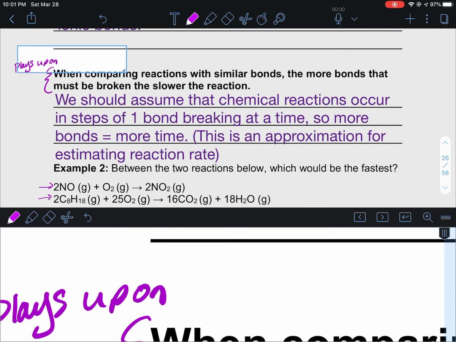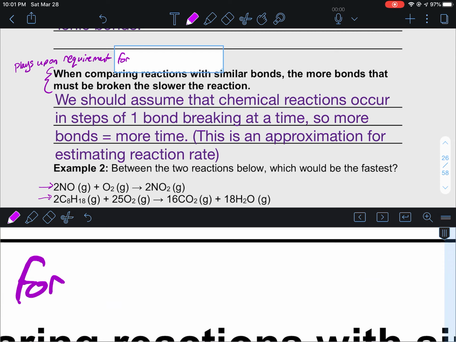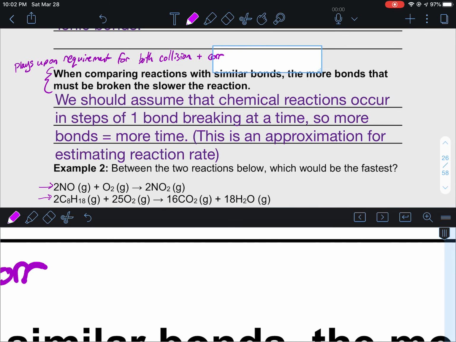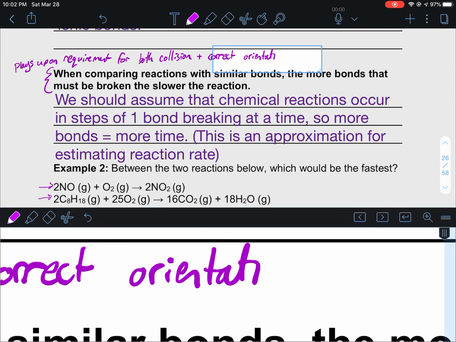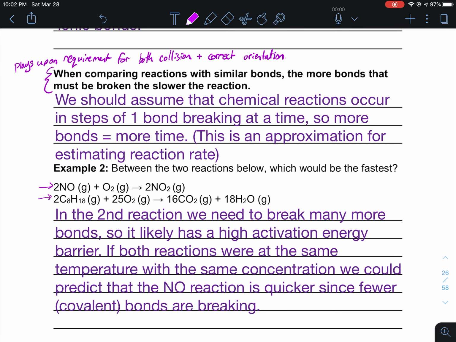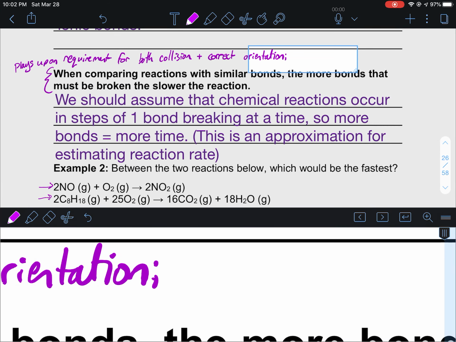So it plays upon the requirement for both collision and correct orientation. So the more bonds you have, the more correct orientations that you must satisfy.